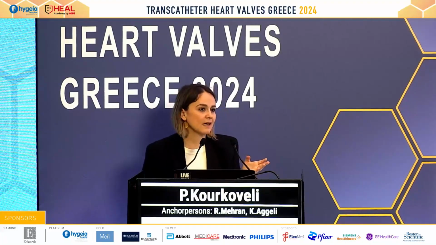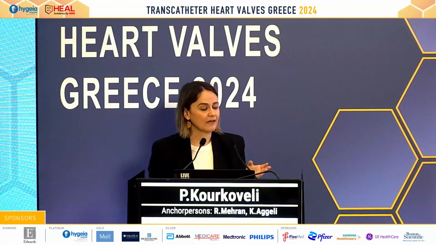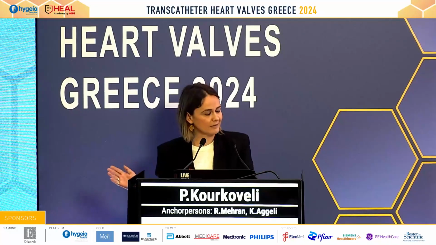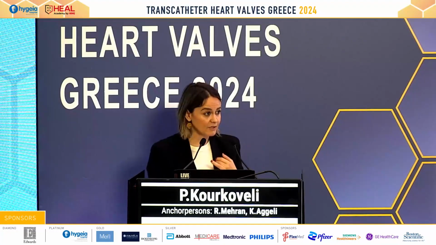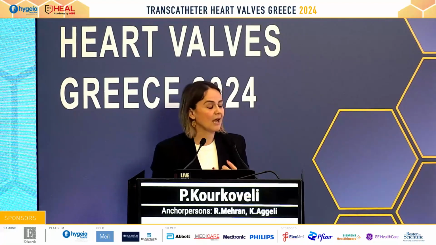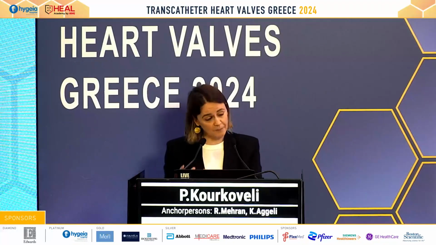If it's ischemic heart disease, we need to focus on the ischemic heart disease. If it's a cardiomyopathy, we need to focus on the cardiomyopathy, even put in a defibrillator or CRT device and things like that. So I think the main thing is to focus on the main problem behind the tricuspid regurgitation, and then if we have done all the guideline-derived things, we can see if that patient could be referred for something else.